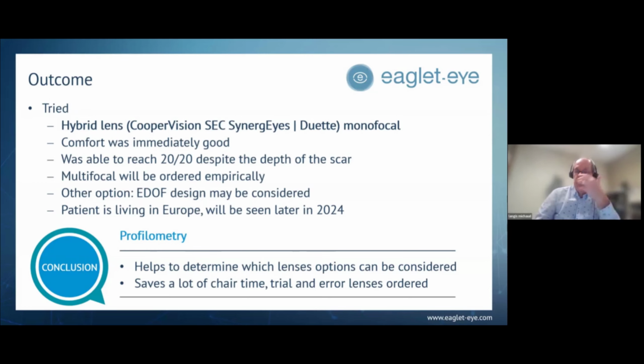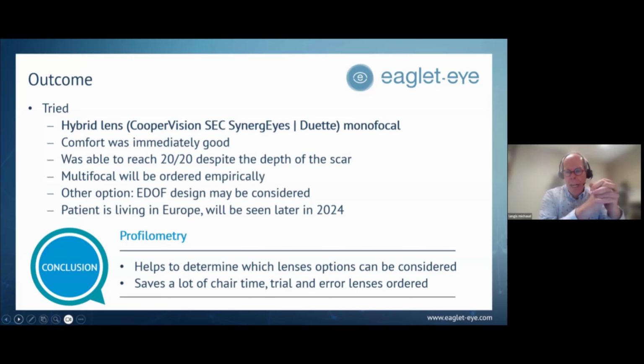We can protect the other eye with a polycarbonate lens at the same time. So we needed glasses anyway, so the decision here was to go with a monofocal lens for the eye and progressive add lenses for the near vision.